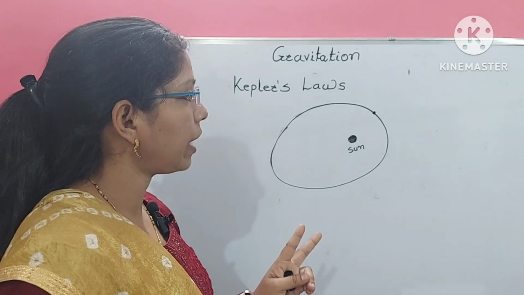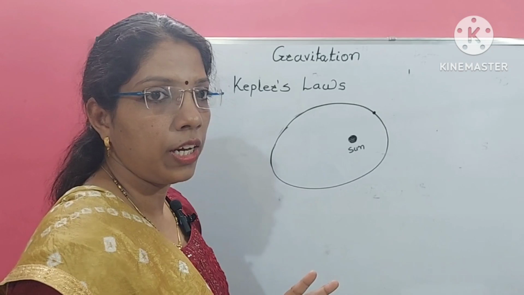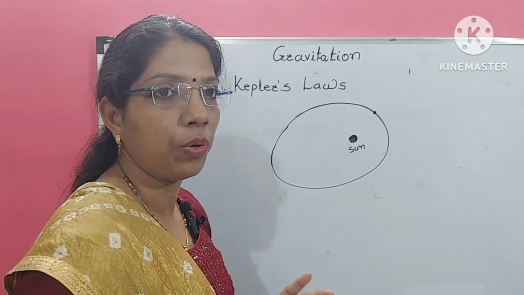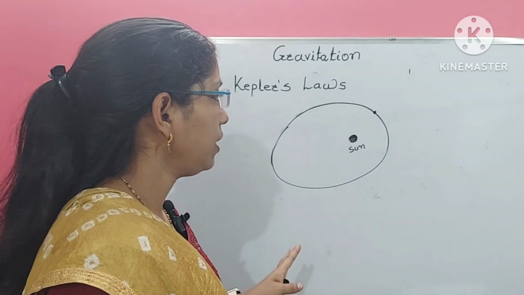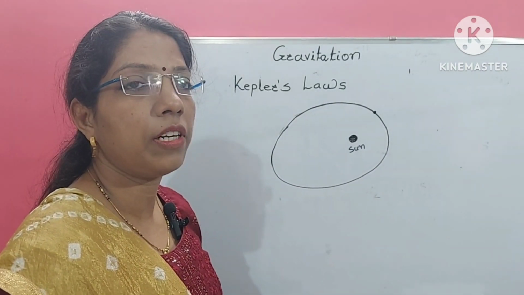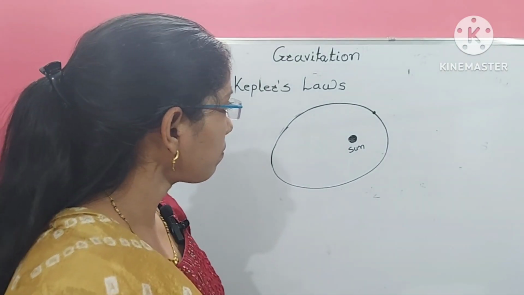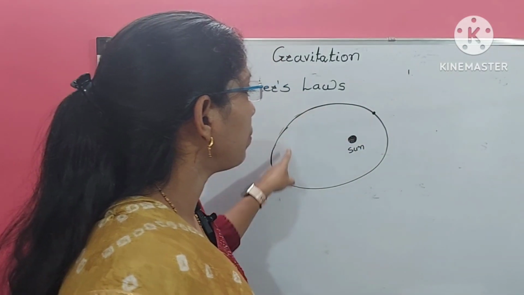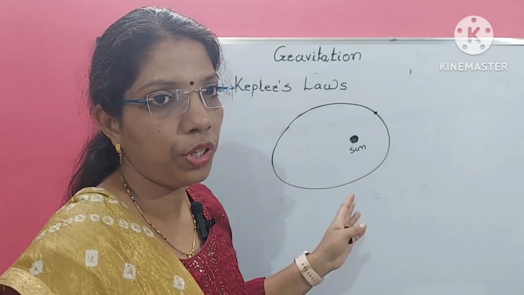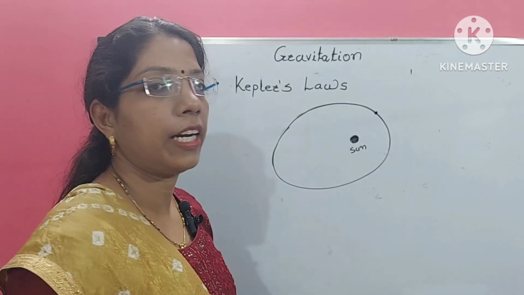Two foci are there, and at one focus the sun is present. That is Kepler's first law. So I will repeat the first law: the orbit of a planet is an ellipse with the sun at one of the foci. Again, the second law.